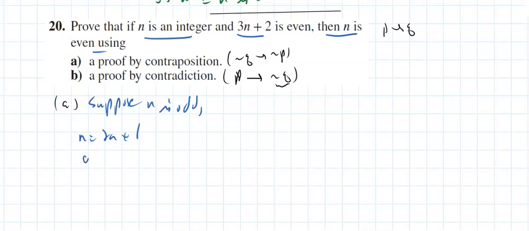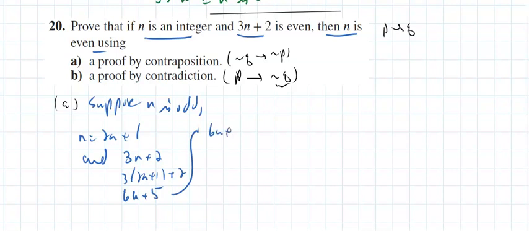And if I take 3n plus 2, that will be 3 times 2a plus 1 plus 2. That is 6a plus 5. So I could say that is 6a plus 4 plus 1, which would be 2 times 3a plus 2 plus 1. This is odd.